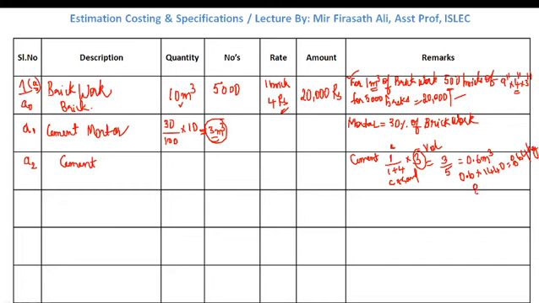When 864 is divided by 50 kg, we get the number of bags, which is around 18 bags. So 18 bags we need.